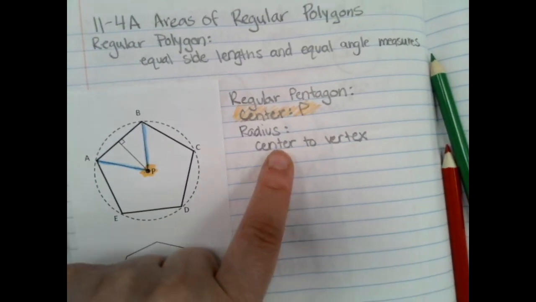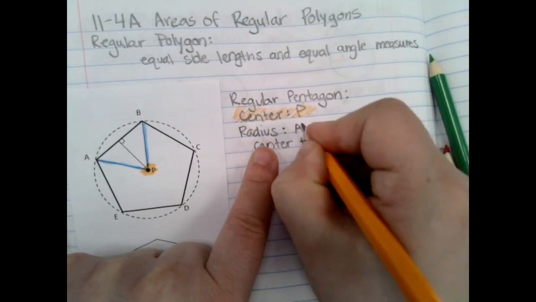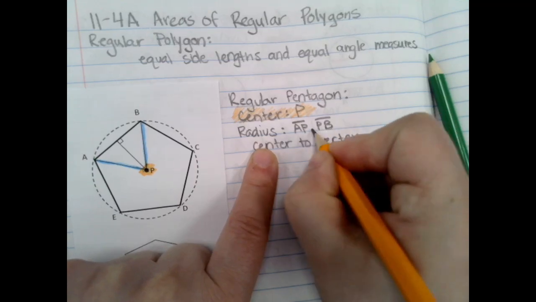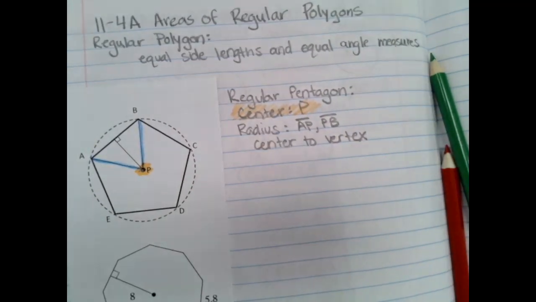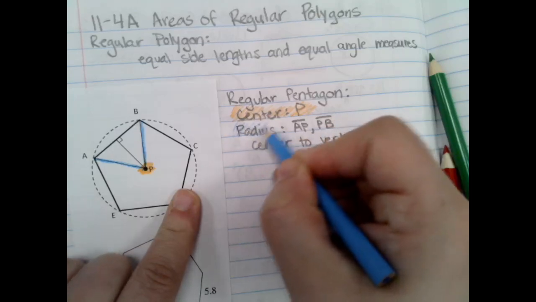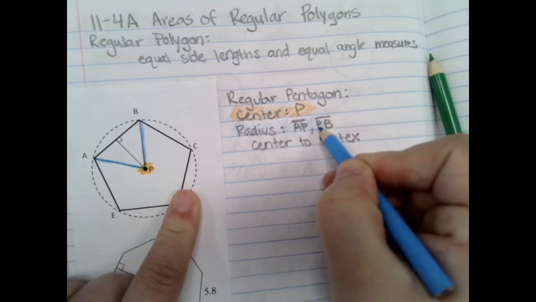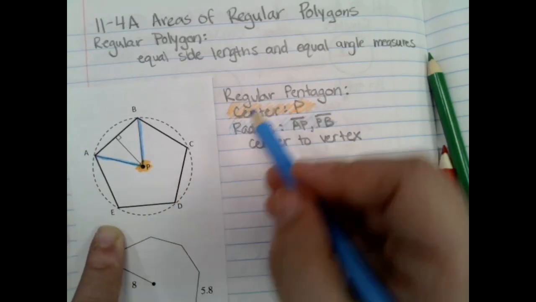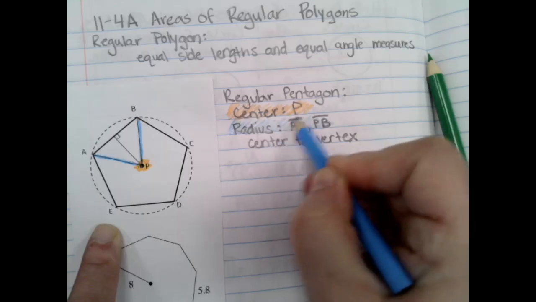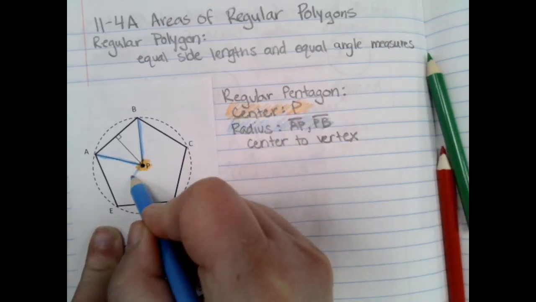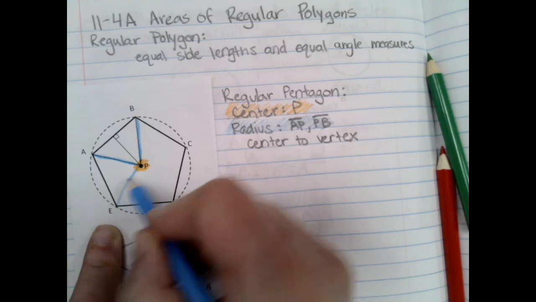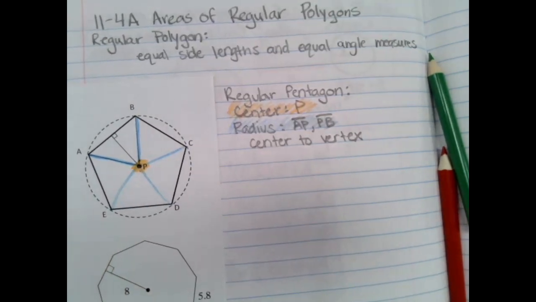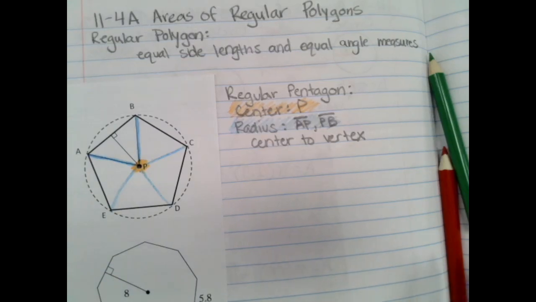So our radius here would be AP, or we could call it PB or PA, either way. And really we could draw those triangles everywhere. So how many of those triangles are created? There's 1, 2, 3, 4, and 5 of those triangles if we drew all of them.